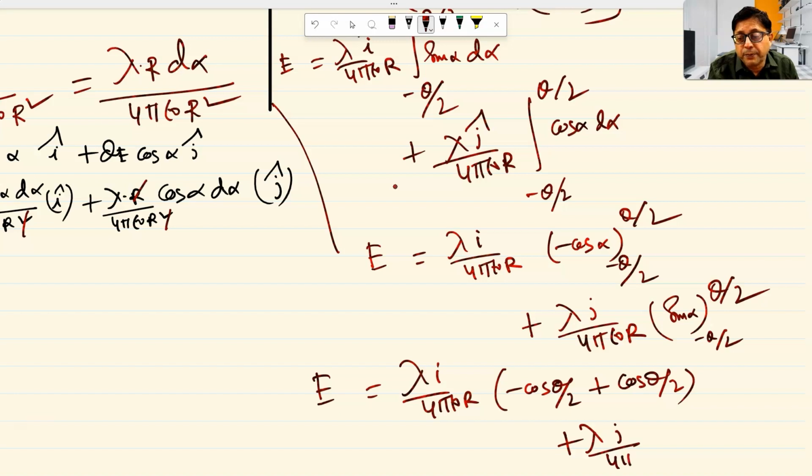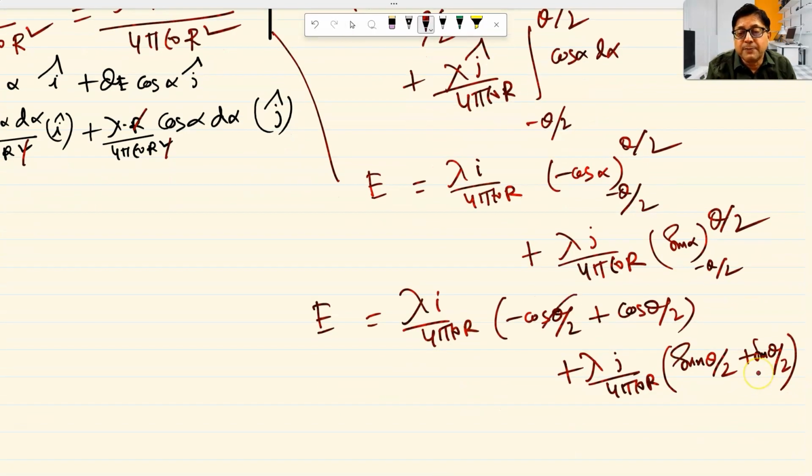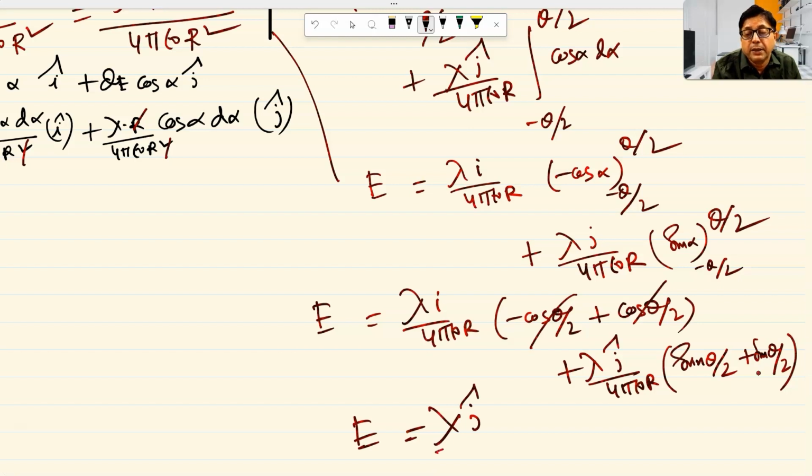Lambda j by 4 pi epsilon 0 r, sin theta by 2 minus sin of minus theta by 2, so another sin theta by 2 will be there. So the answer is, this part vanishing, E equal to lambda j by 4 pi epsilon 0 r into 2 sin theta by 2.